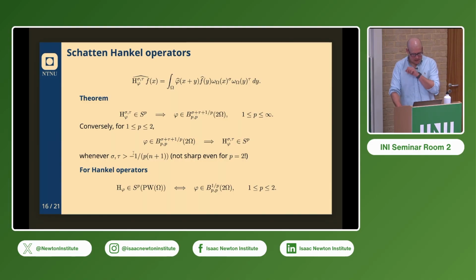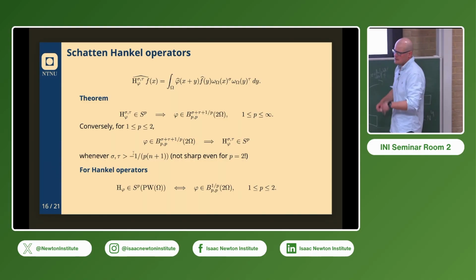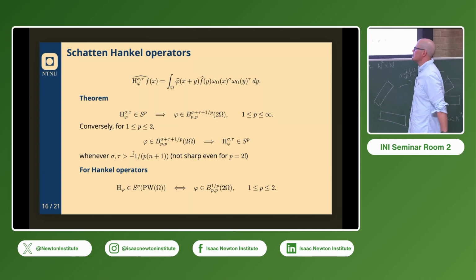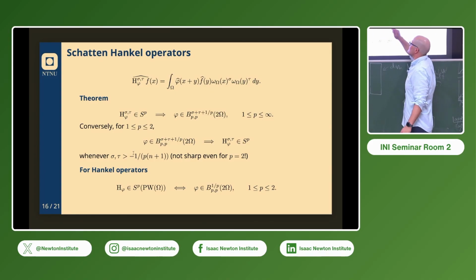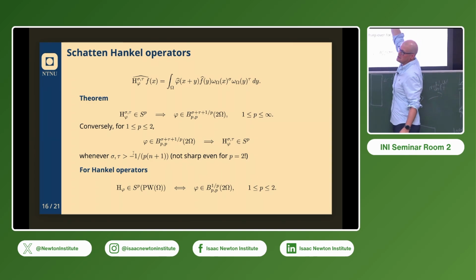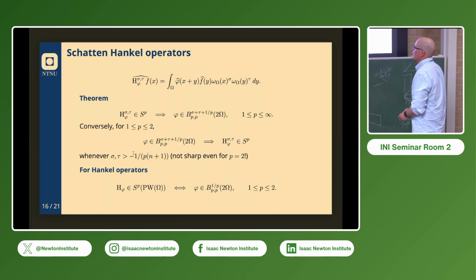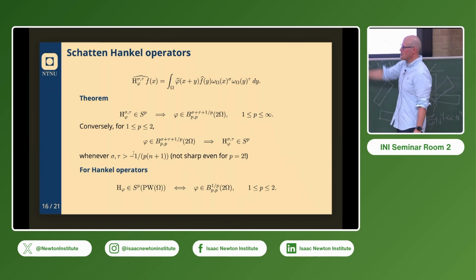So it is natural, and this is what Peller does and what Rochberg does and so on. It's natural to consider a class of, so you can maybe interpolate later, to consider not only Hankel operators, but to put some weight on the Fourier side. And of course, we should put powers of our weight.